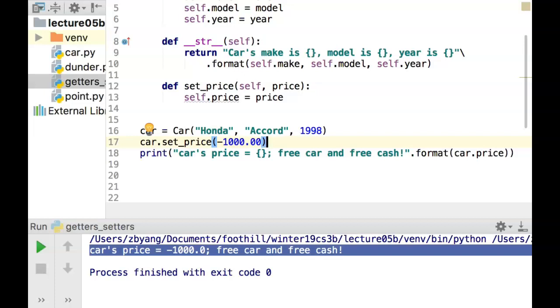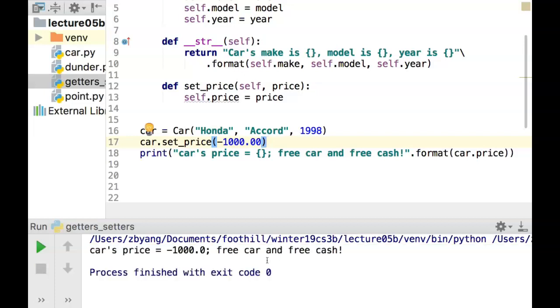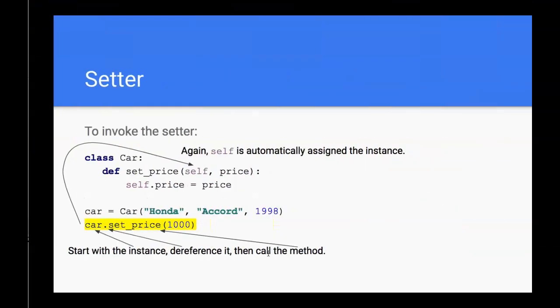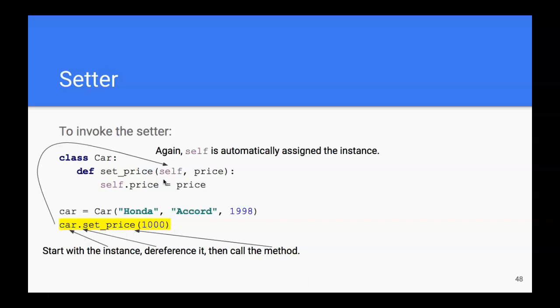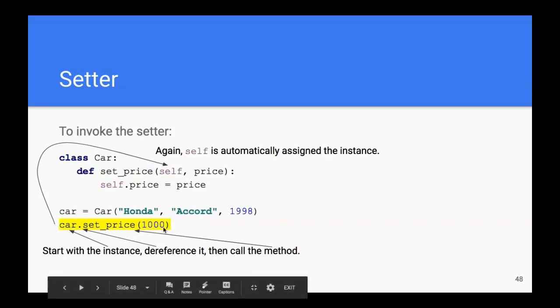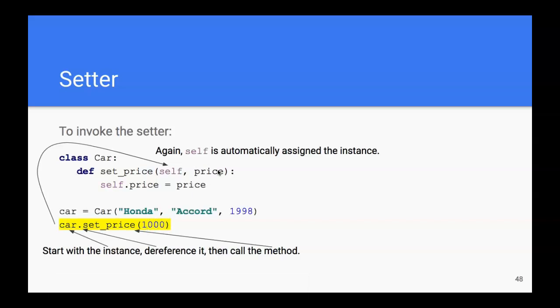Okay, so when we run this, it's still doing exactly the same thing. Nothing much has changed. Again, this parameter self is automatically assigned the instance, and the -1,000 is assigned to this parameter price. That's how we call a method.